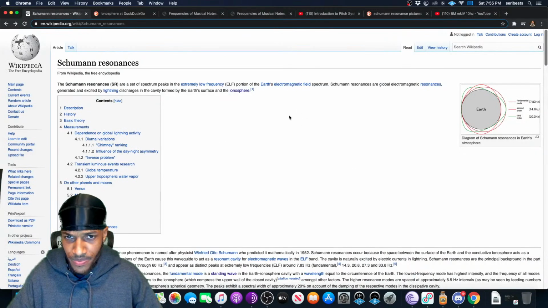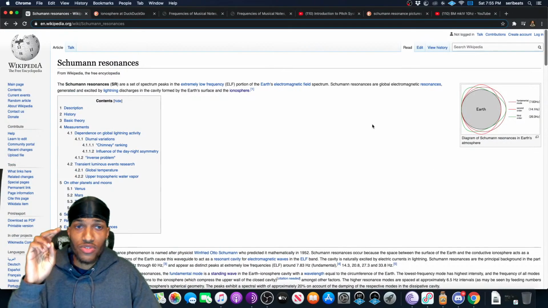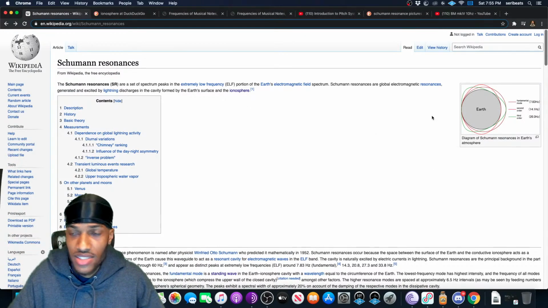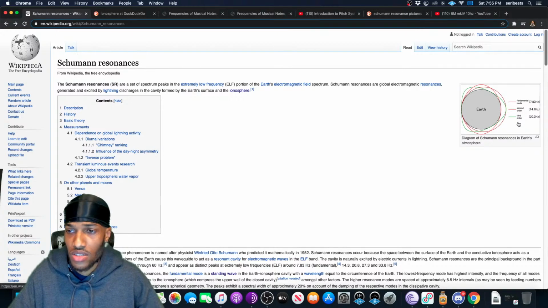But the reason most of our music is out of tune is because it's dissonant with the movements of Earth. So basically, Earth has a frequency, a resonance of 7.83 hertz.